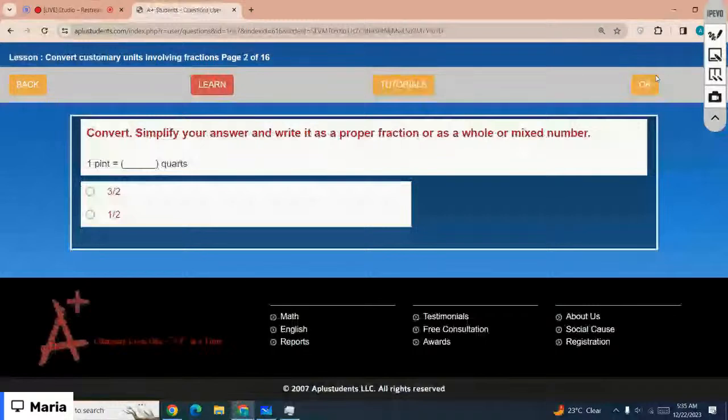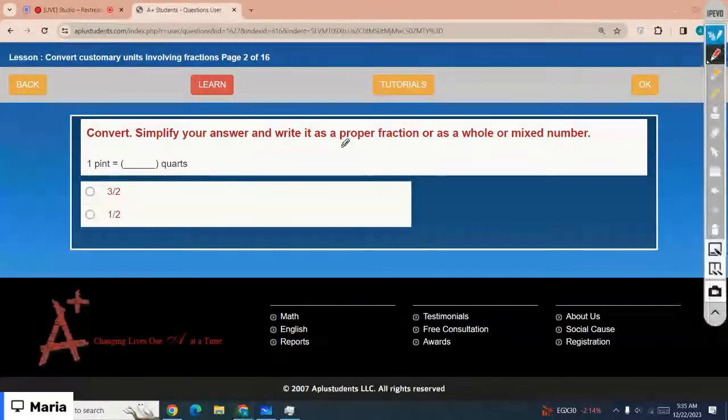Okay, 1 pint equals how many quarts? 1 quart equals 2 pints, right?